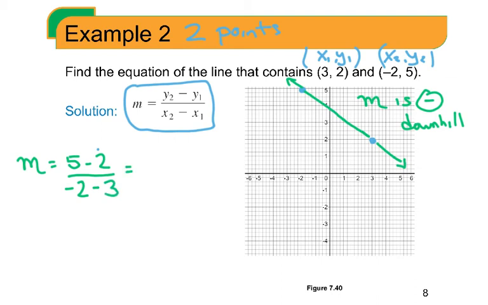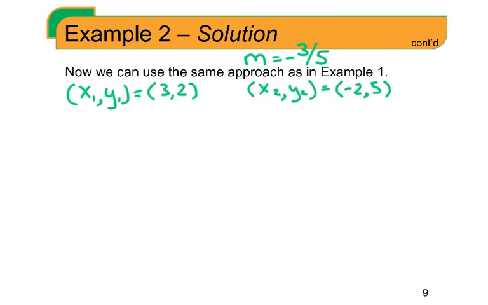So that gives me 5 minus 2 is 3, right? And in the denominator, I have -5. So I'm going to write this as -3/5.